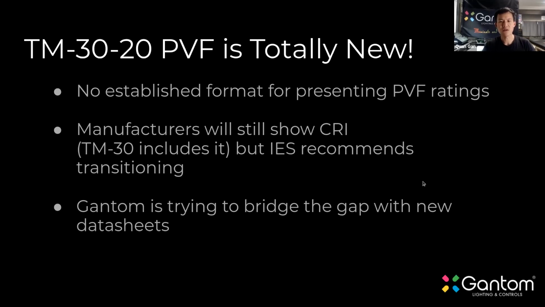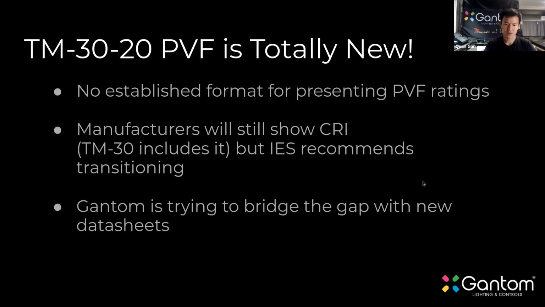So that's standard. But in order to get PVF ratings, you basically have to scour that full report for the 4 numbers that I've mentioned to see if it satisfies your requirement. And also many manufacturers still show the CRI just because that's the status quo. But the IES is highly recommending transition away from CRI into TM-30.